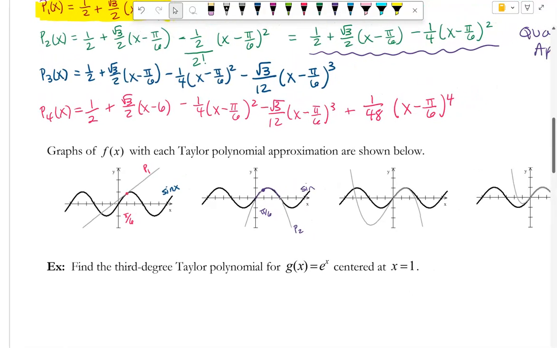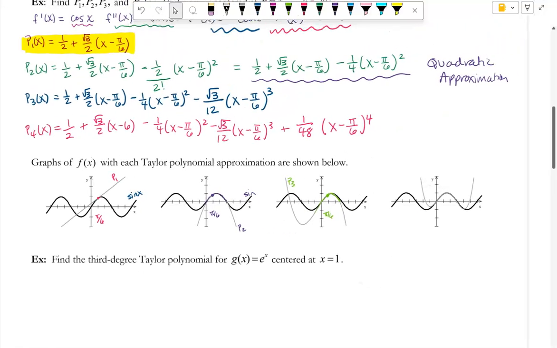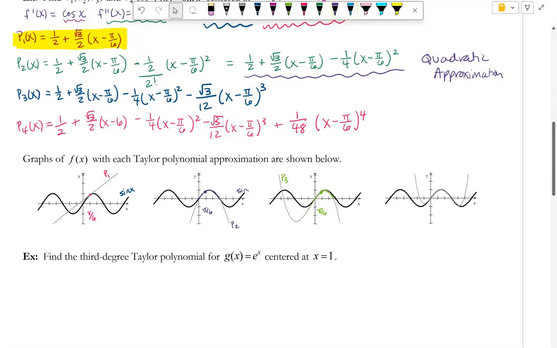So when we get to our third degree polynomial, and again, we're centered each time at pi over 6, I notice that now the curve, this cubic polynomial, is following this curve a little bit better. It's a better approximation when we are close to where our polynomial is centered at pi over 6. And then as I get to this fourth degree polynomial, this was our fourth degree Taylor polynomial, I could see that it's really closely following the curve around pi over 6.